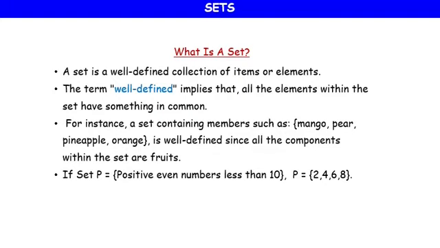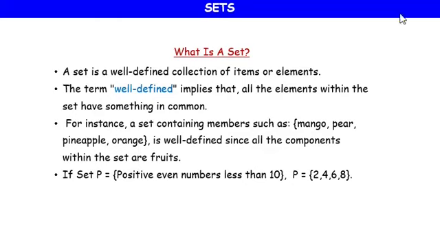For instance, assuming we have a set with members such as mango, pear, pineapple and orange. Why would we say this set is well defined? Because when you observe the members of the set, you realize that each and every one of them is a fruit.